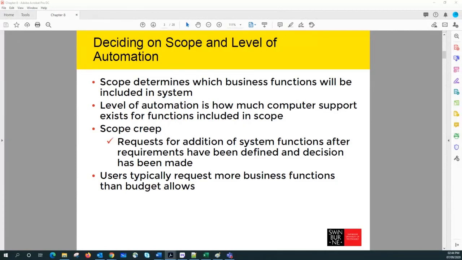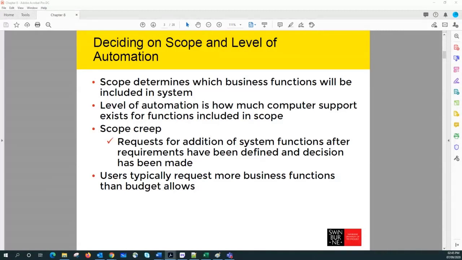One common approach to determine the scope is to come up with a list of requested business functions, and then rate these business functions using different categories. For example, we can categorize one set of business functions or use cases as mandatory for the system, because these use cases are probably a critical aspect of our subsystem or entire system.